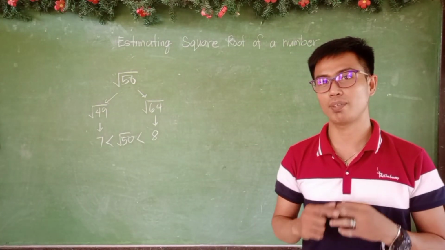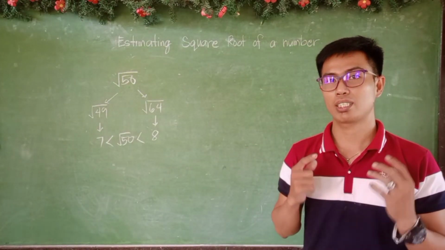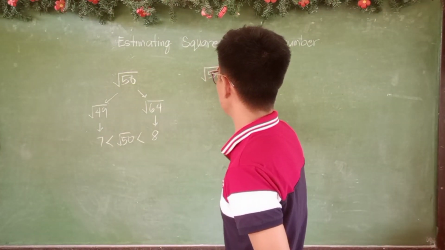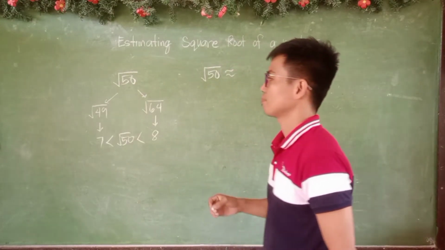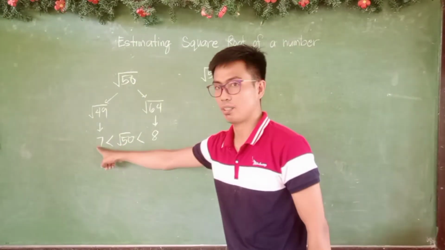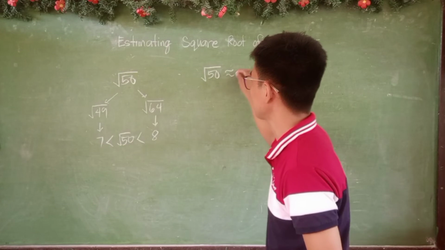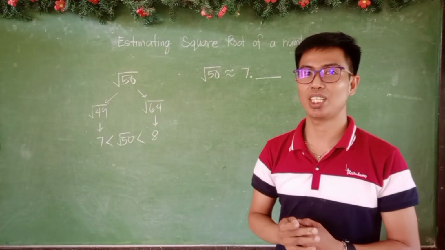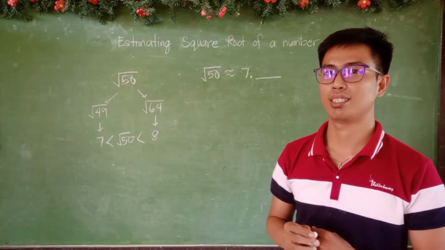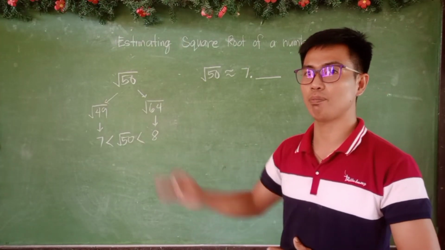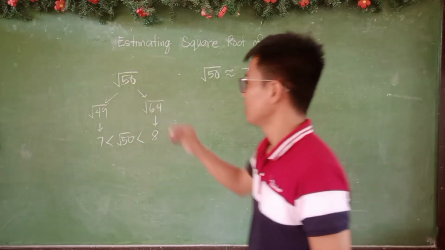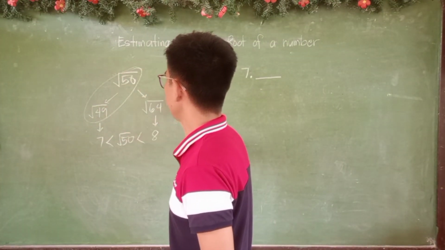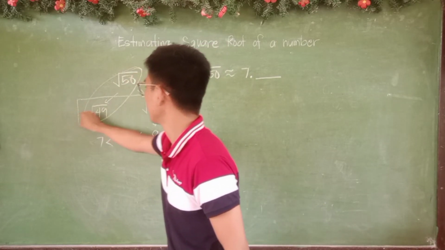And then after that, we're going to estimate the value of square root of 50. So estimating, we have the square root of 50 is approximately, since between 7 and 8 siya, so that means 7 point yung decimal value na kailangan natin makuha. Again, kagaya ng unang example, ganun din ang gagawin natin. Itong tatlo yung gagamitin natin. Ito yung sa numerator, and then ito yung sa denominator.